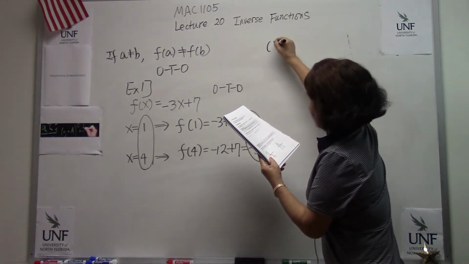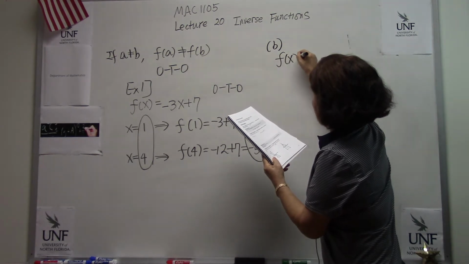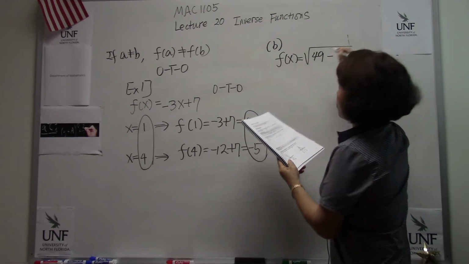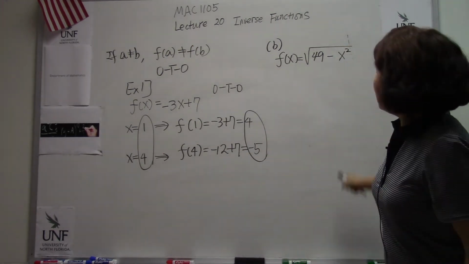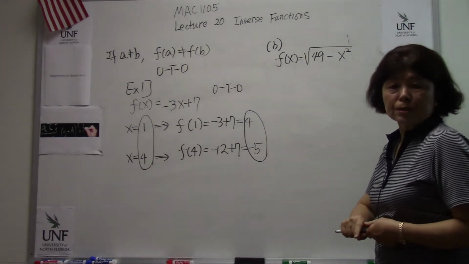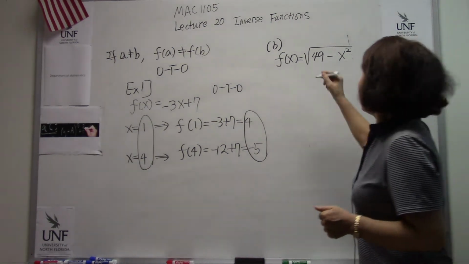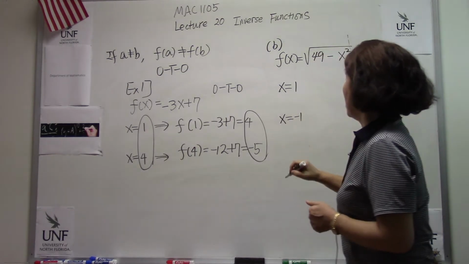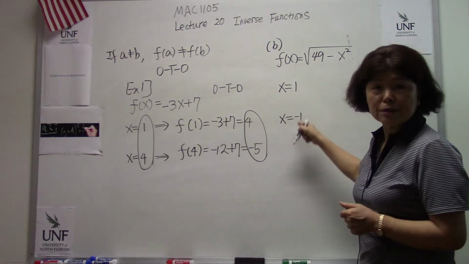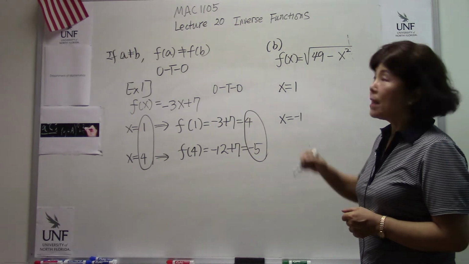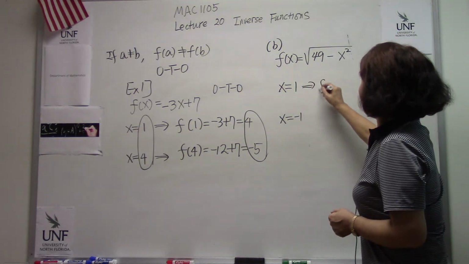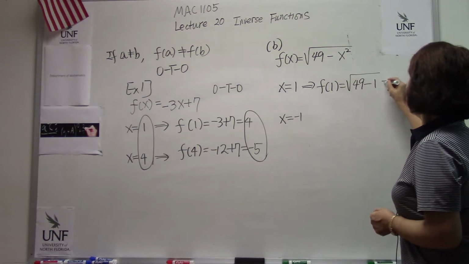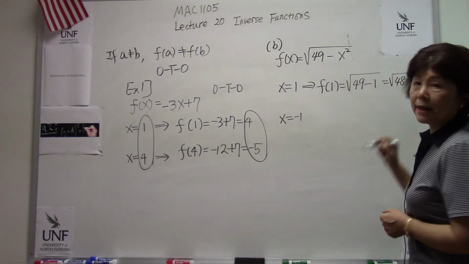Part B is f of x equals the square root of 49 minus x squared. When you see x squared, you should suspect something, because you can put x equals 1, for example, and x equals negative 1. Two different x values, two different inputs. See what happens. f of 1 equals the square root of 49 minus 1, therefore the square root of 48.